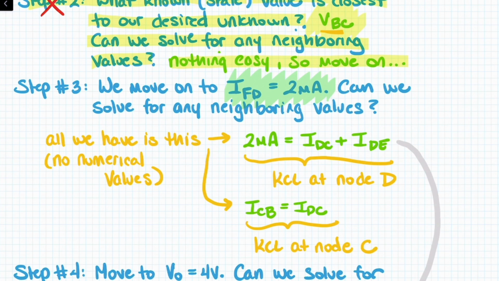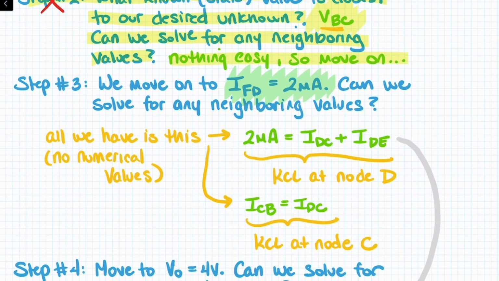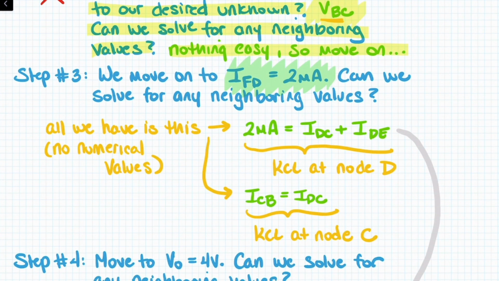So all we can really derive from IFD are these two equations. We know that IFD, which is 2 milliamps, is equal to IDC plus IDE. That's just applying KCL at node D. And we know that ICB is equal to IDC, and that's just applying KCL at node C.